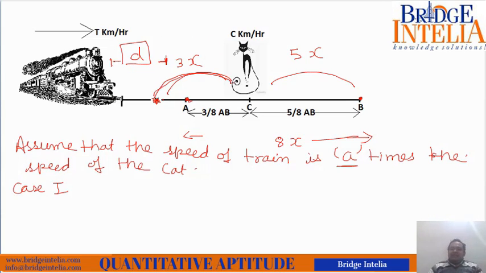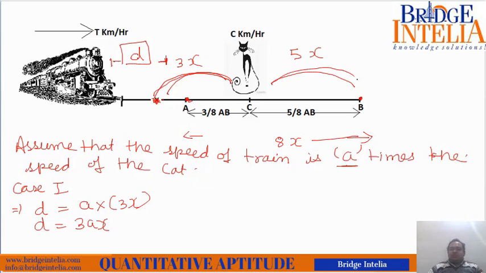D will be a times more than 3x, because we have assumed that the speed of the train is a times the speed of the cat. So D should be equal to a into 3x. So D is equal to 3ax.